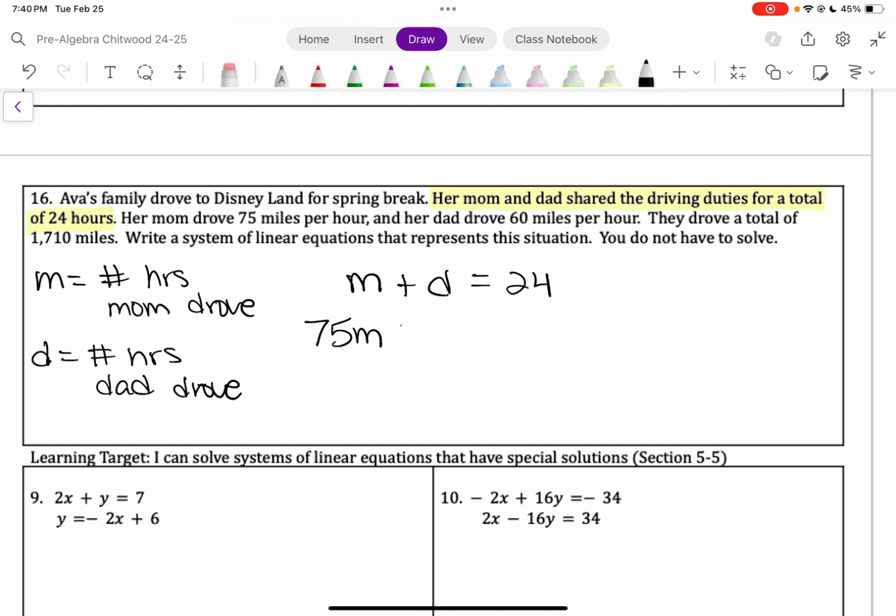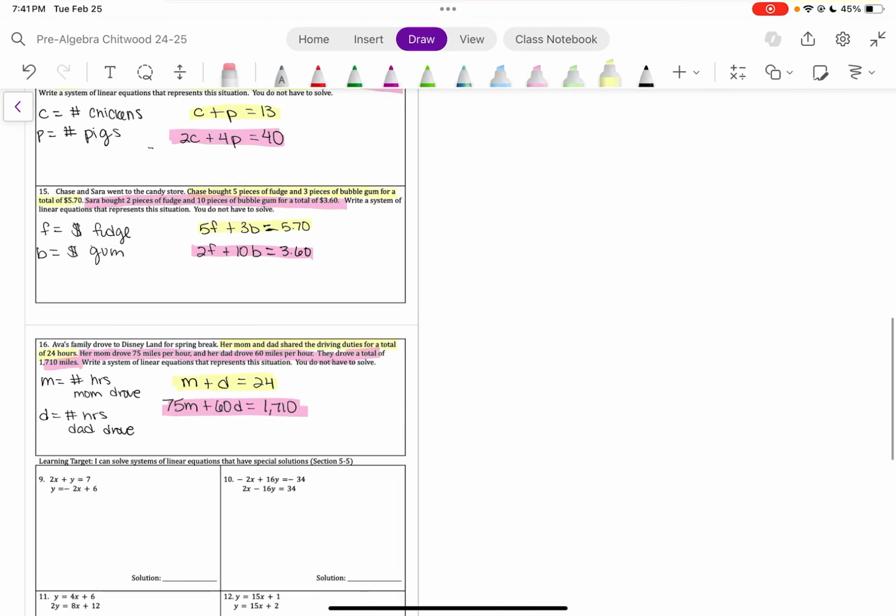And Dad drove 60 miles per hour, so plus 60 here, and it was a total of 1,710 miles. And we got that all from right here. Okay, so that is elimination.